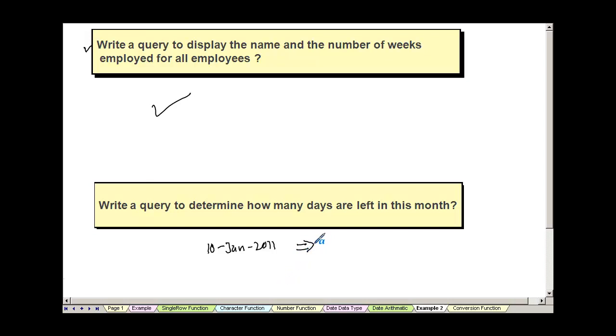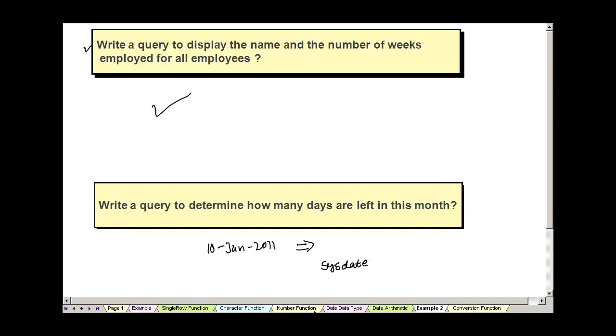So in order to do this, we need to first find out what is the date of the last day of this month. So the intuition says I need to somehow find out the last day of this month from today's date. Today's date is going to be given by a function called sysdate.